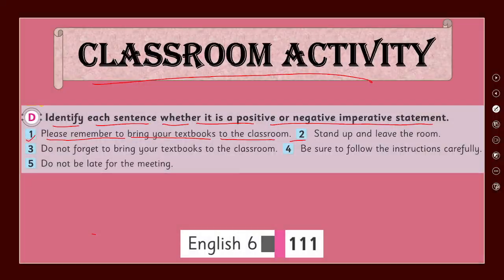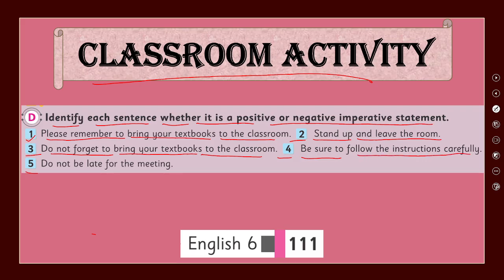Now see, stand up and leave the room. Can you identify which imperative sentence is this, positive or negative? The third example is, do not forget to bring your textbooks to the classroom. The fourth example is, be sure to follow the instructions carefully.